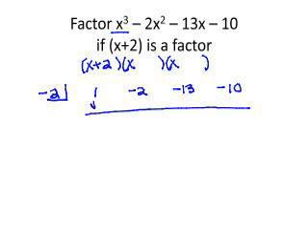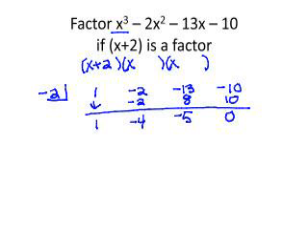Bring down the leading coefficient, negative 2 times 1, negative 2 plus negative 2, negative 2 times negative 4 is 8, negative 13 plus 8 is negative 5, negative 2 times negative 5 is 10, and when we add we get 0. So it is a factor.